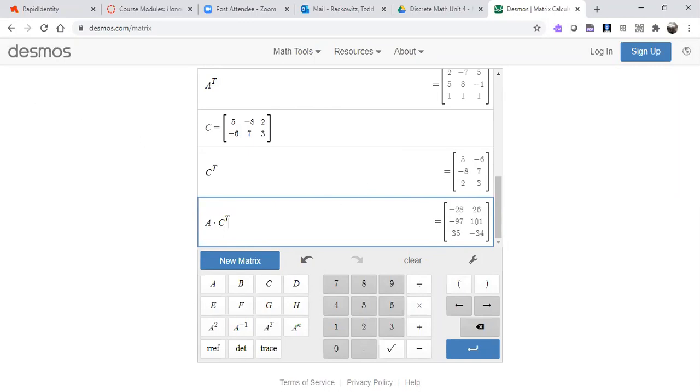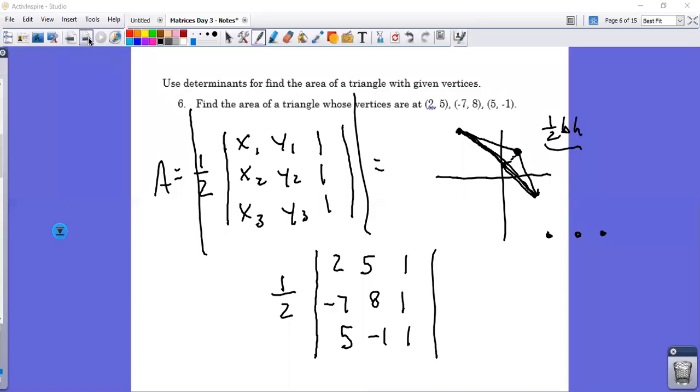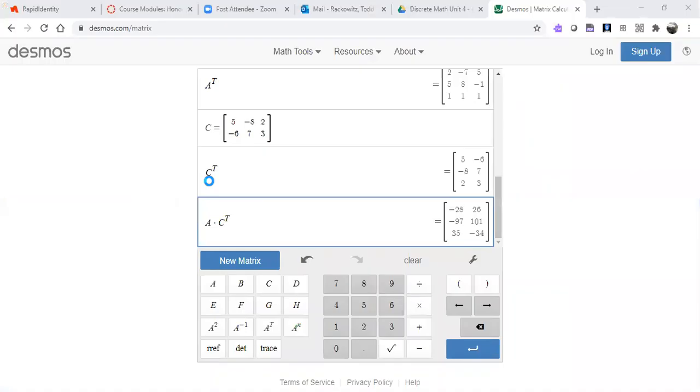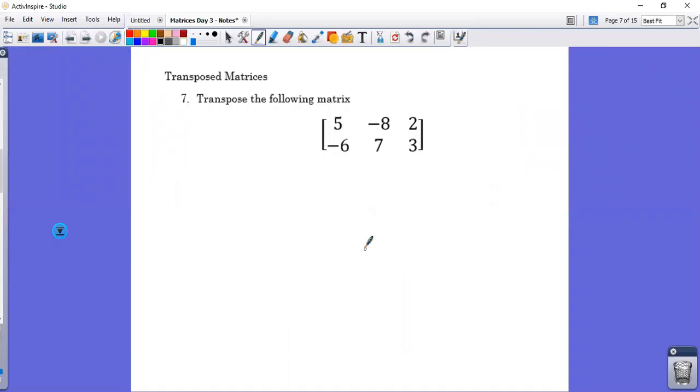All right, where am I? Okay, so let's go back to, so know that formula. Remember, just don't forget the 1/2 for your area of that triangle. You got a few of those problems on your worksheet. Lots of determinants, that's easy. Transpose, we just did that.